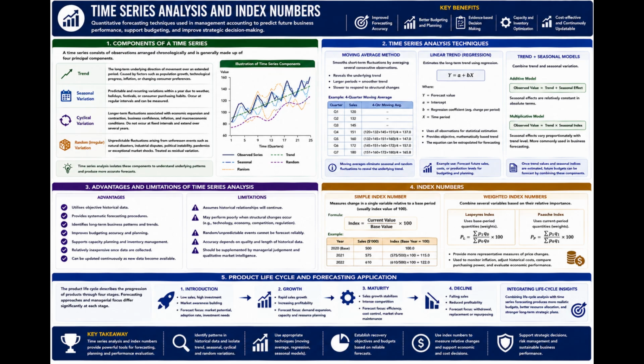The coefficient of determination, r squared, measures the proportion of variation in the dependent variable explained by changes in the independent variable. For example, if r equals 0.90, then r squared equals 0.81, meaning that 81% of the variation in costs is explained by changes in activity levels, while the remaining 19% results from other factors or random variation.